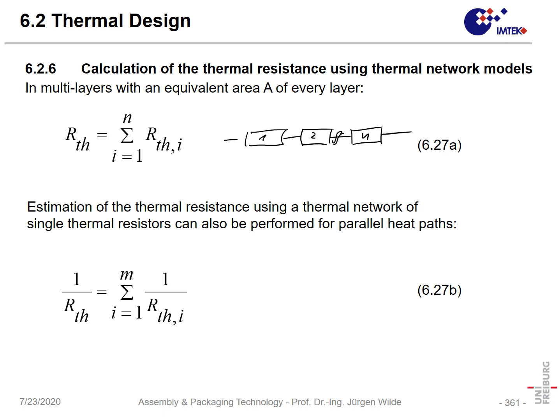In case we have the resistors in parallel, then we can say, okay, the total resistance is given as the inverse of the total is the sum of the inverse values of the individual resistance.